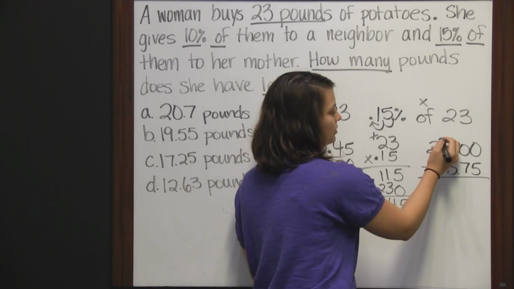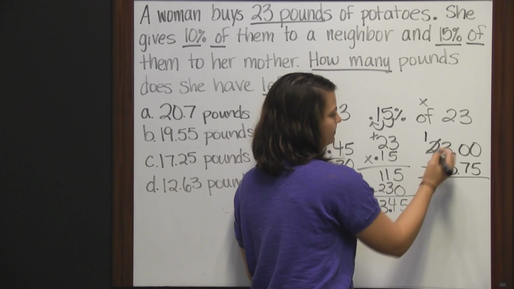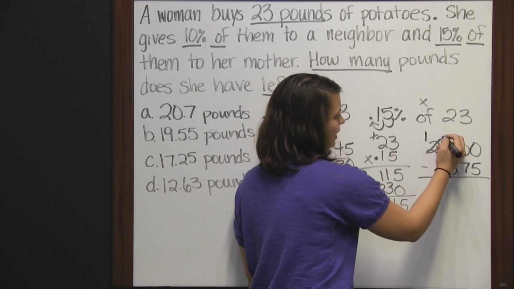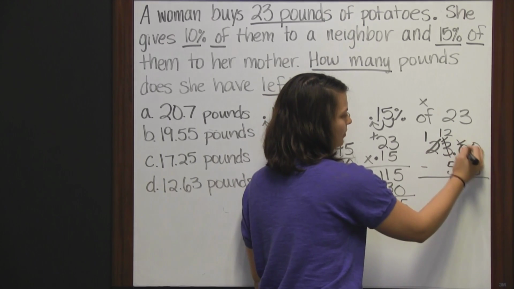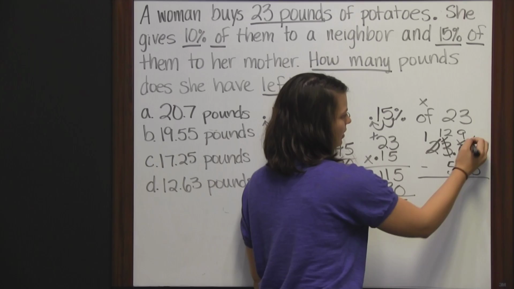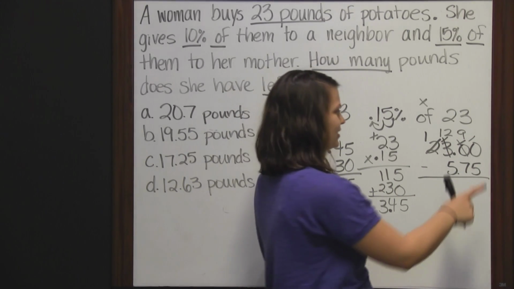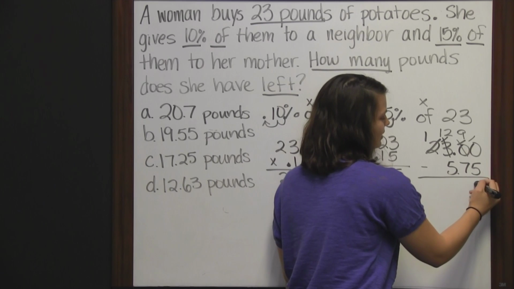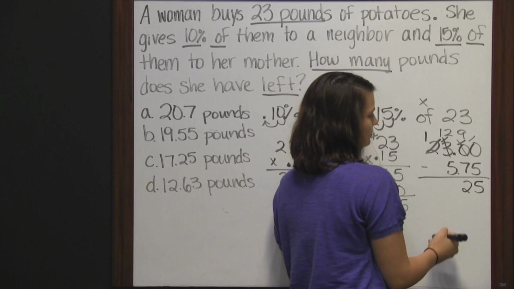We can't take 5 from 0 or 7 from 0 or 5 from 3. We're going to have to borrow starting all the way over here with the 2, and it becomes a 1. So this is 13, but we've got to borrow from that. It becomes 12. 10, but we've got to borrow from that. It becomes 9. And then finally we have a 10 there at the end. So 10 minus 5 is 5. 9 minus 7 is 2.